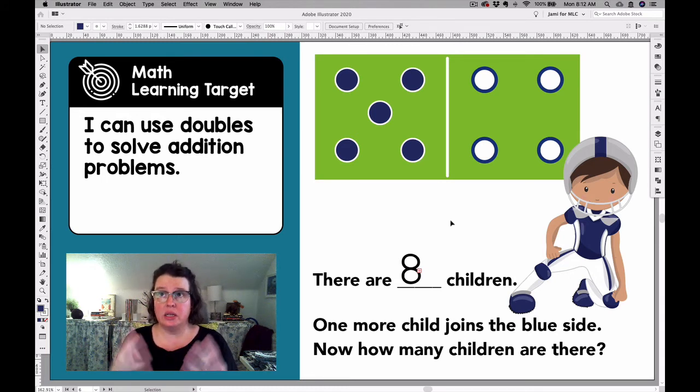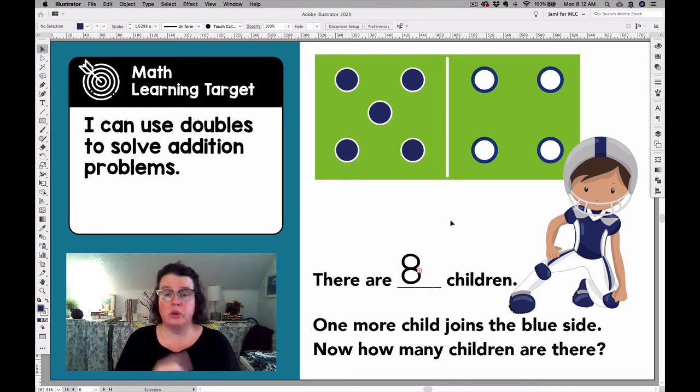So I know that 8 plus 1 equals, would you figure this out for me? Would you write an addition equation that matches this problem? I've got 5 dots here plus 4 dots here, and it equals, will you tell me what it equals? Write it in your math journal. Remember, I'm going to have you share a picture of your math journal in Seesaw when we're all done.